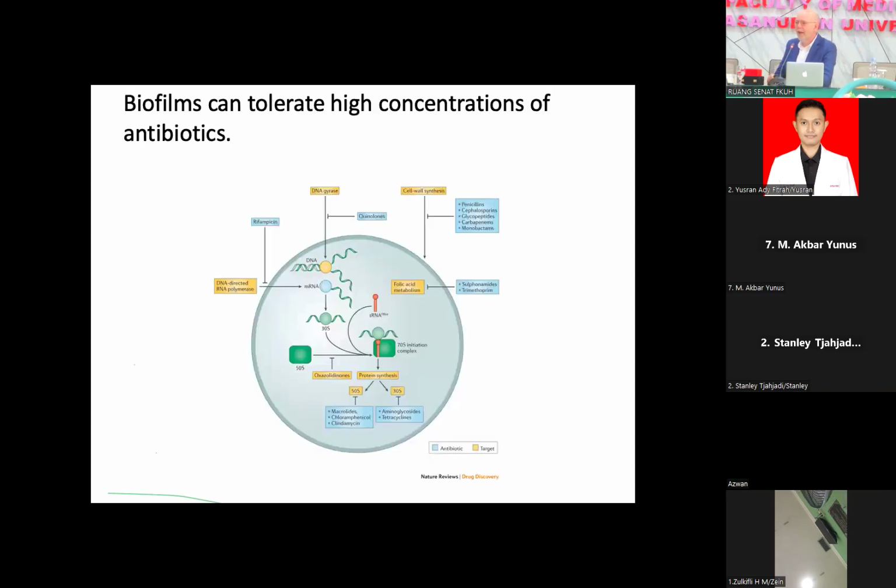And this picture I don't have to actually show to you. You know this better than me, how antibiotics work. But I would like to stress here that a lot of these antibiotics need to enter the bacterial body, the bacterial cell.